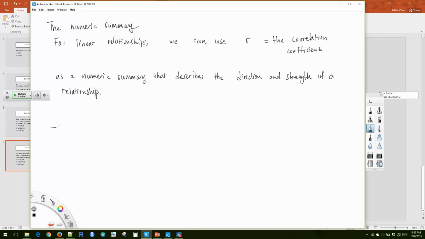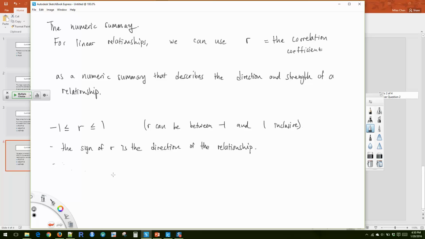R can take on values between -1 and 1. I'll repeat these on Friday, but the sign of R is the direction of the relationship. If R is close to 0, the relationship is weak. And if R is far from 0, the relationship is strong.